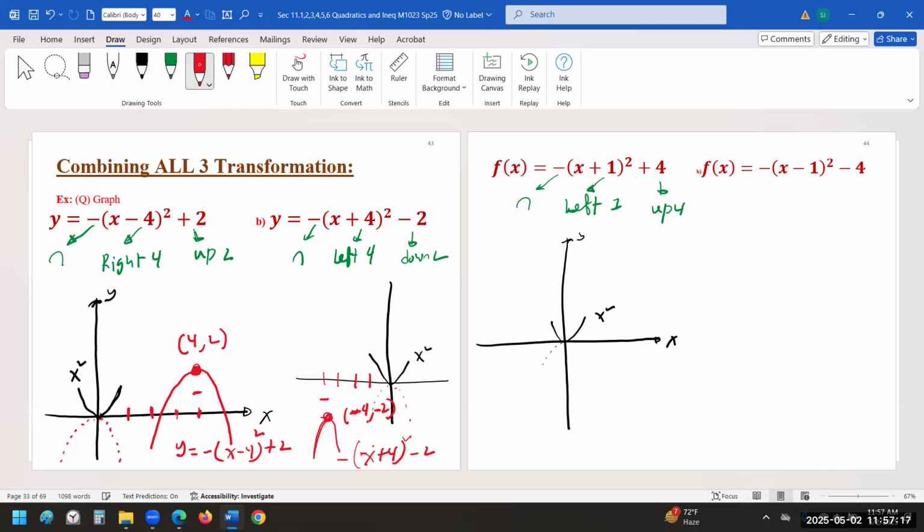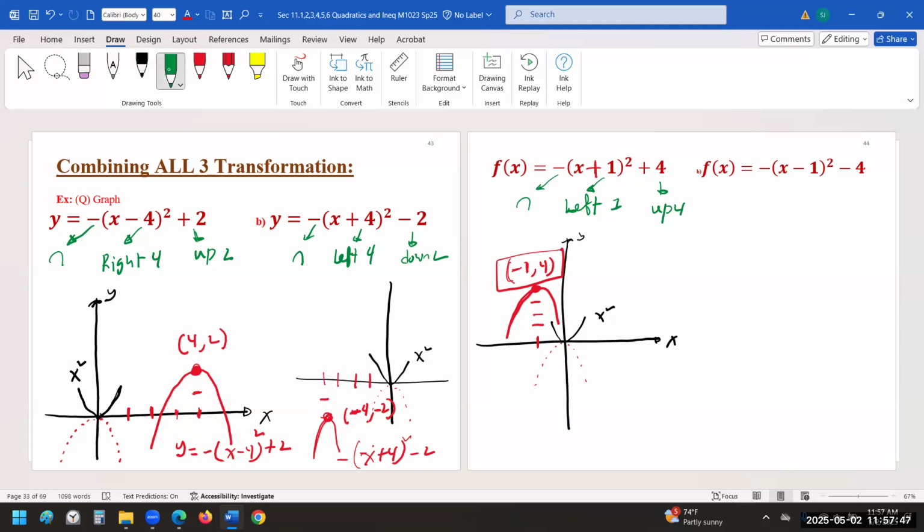We reflect, and this reflection goes 1 left, 1, 2, 3, 4 up, and we draw this one. So what is our new vertex? Negative 1, 4. See, opposite of inside and the same as outside. That's how we find our vertex from the vertex form.